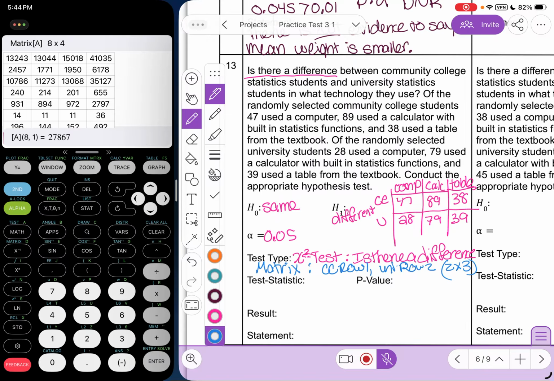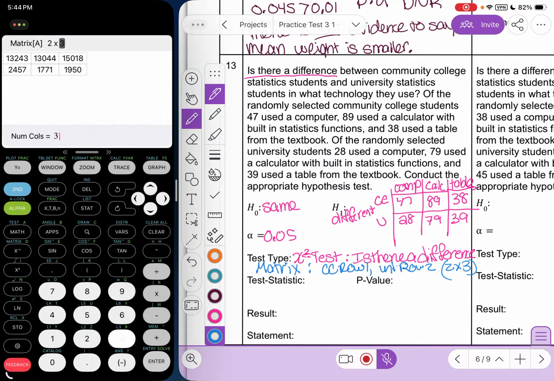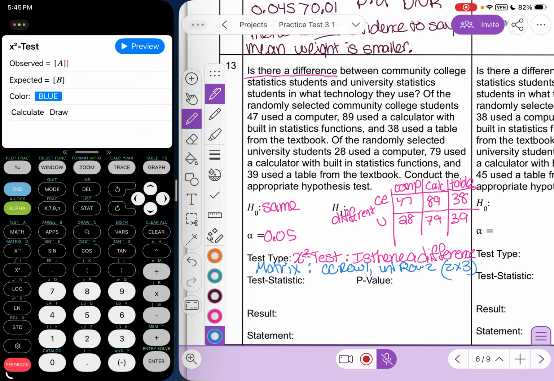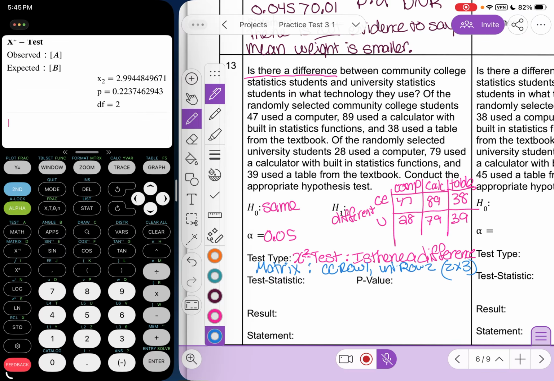So I'm going to go over to edit. It is a 2 by 3: 47, 89, 38, 28, 79, 39. And now I go to stat, tests, down to chi-square test. As long as you put it in A, you don't have to do anything different.